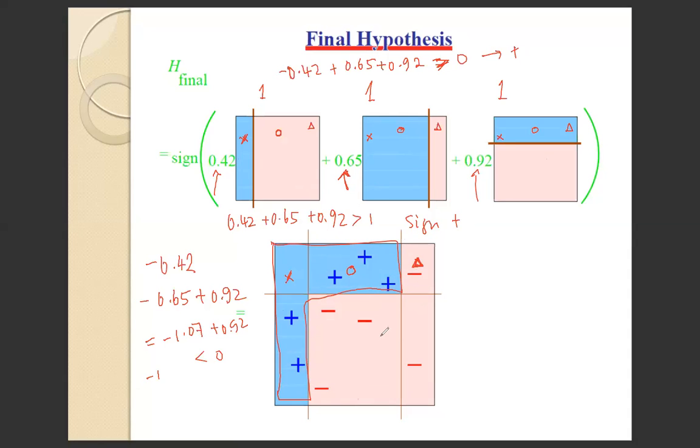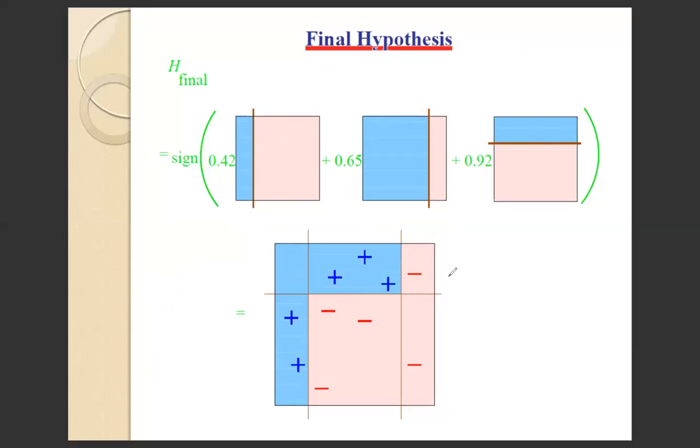And this actually does the classification very well. So the final classifier rule is this region, and this is predicting everything correctly. And you get it because of this function. Okay, so this is the magic of AdaBoost.